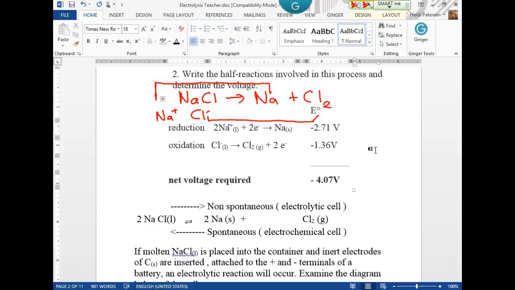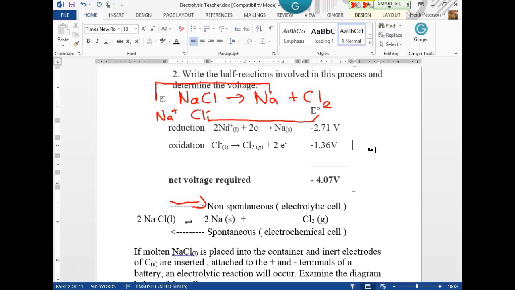So, if we have molten, which just means melted, sodium chloride going to the right-hand side of this equation to form solid sodium and chlorine gas, it is a non-spontaneous chemical reaction, which means I have to push the electrons.